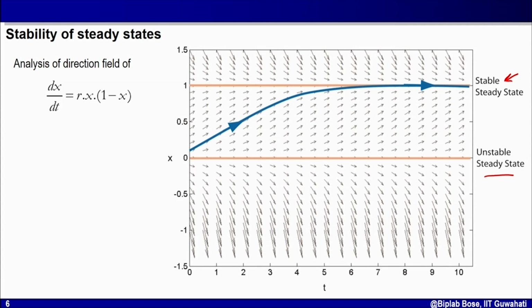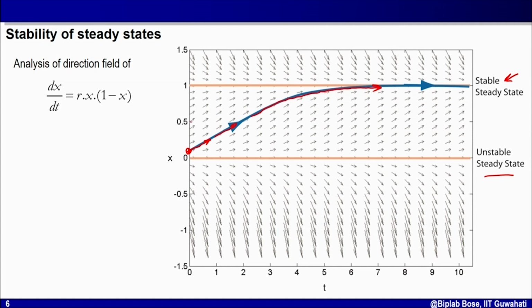Suppose at time equal to 0, x is here. Then it is slightly away from the unstable steady state. As the arrows in the direction field show, with time x will increase and ultimately collapse at the steady state which is stable and whose value is x equal to 1.